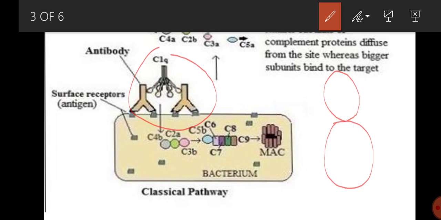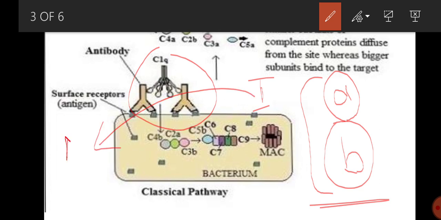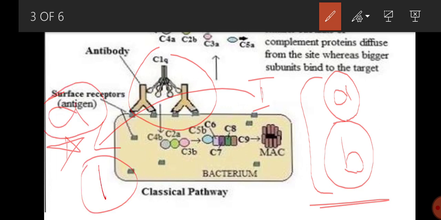One part is known as the A part, and the second part is the B part. So it is in an inactive state. When it has to be activated, what will happen? A will be shifted away and B will be bound to the previous component.